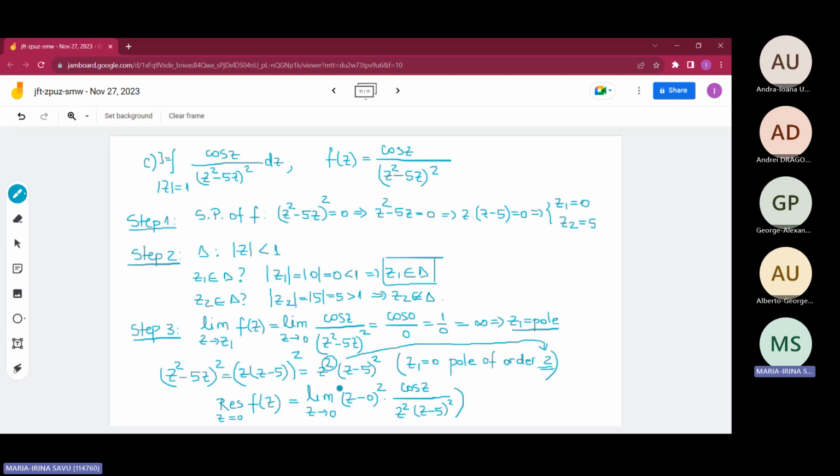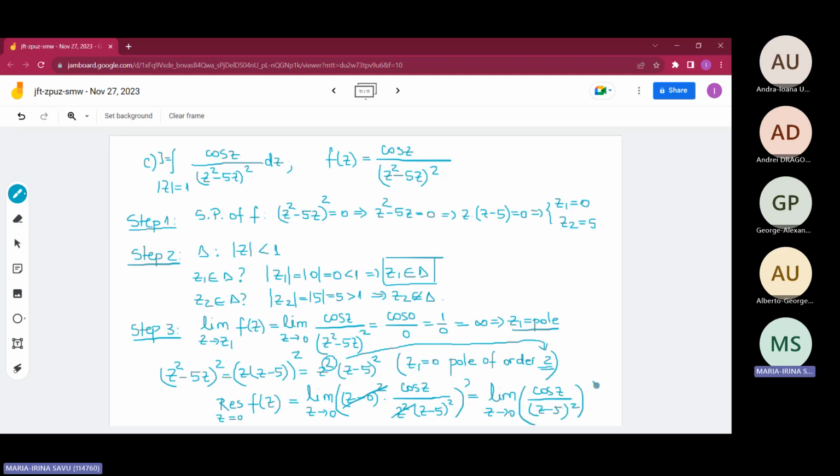This is actually z squared, which will be simplified with this one.